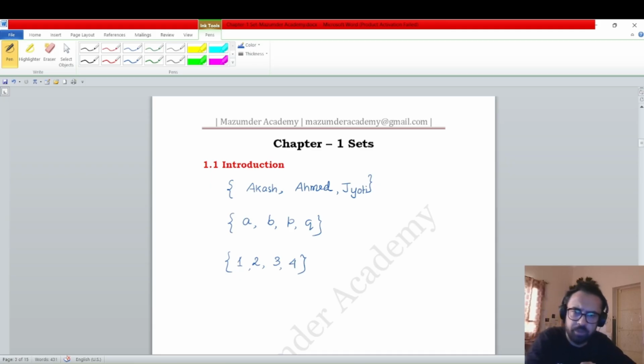Now some collections will represent a set, some will not. Some of the collections we will say yes, this is a set, and some of the collections we will say it is not a set. So how to identify which one is a set and which one is not a set?